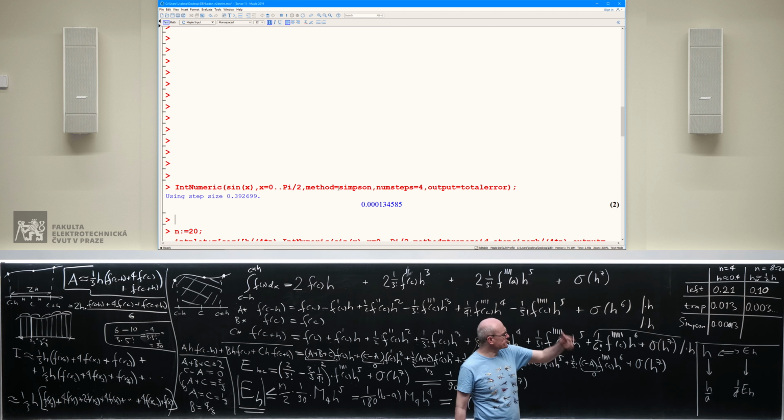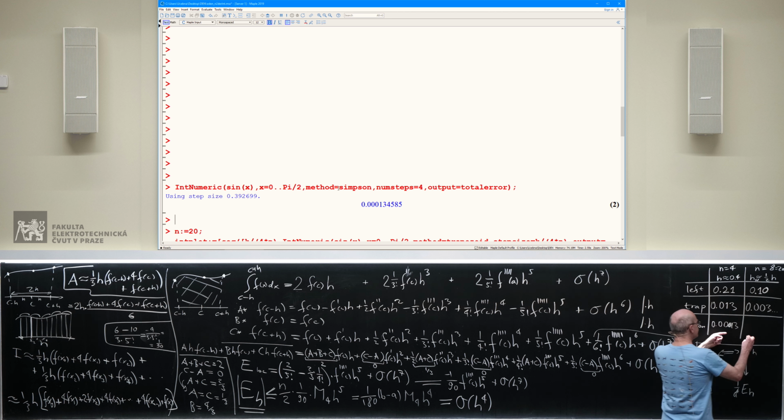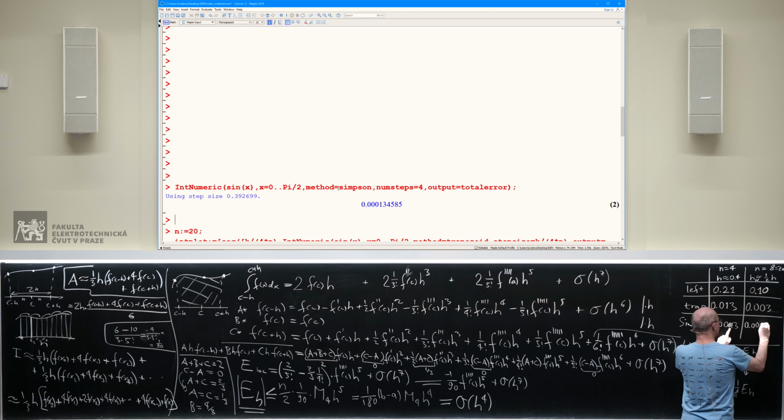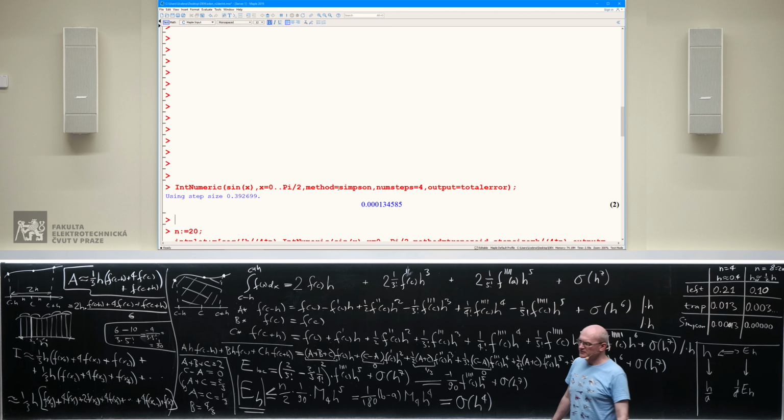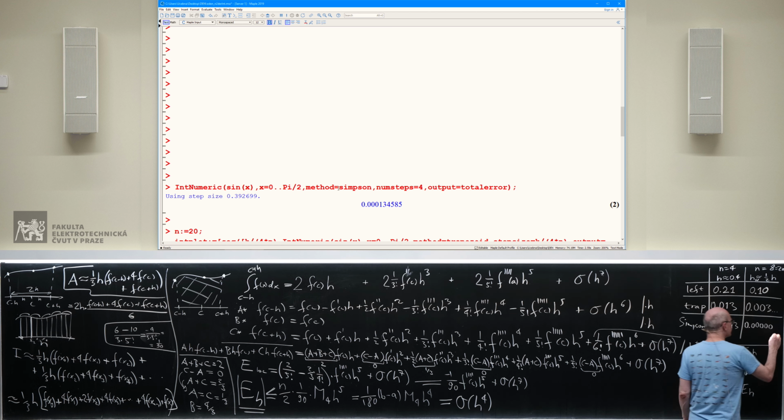Let's make a prediction. This is the error for partition size 4. If I double the partition size, this gets divided by 16. So it will be 0.00000130 divided by 16. 7 is not enough, 8 is almost there.